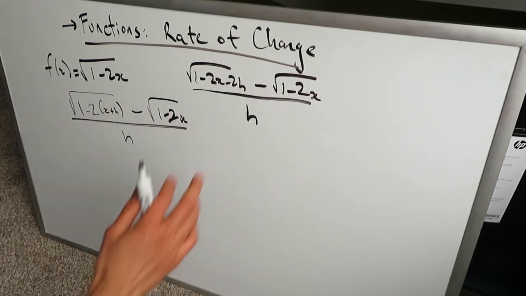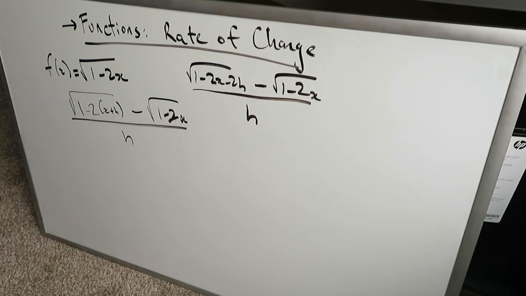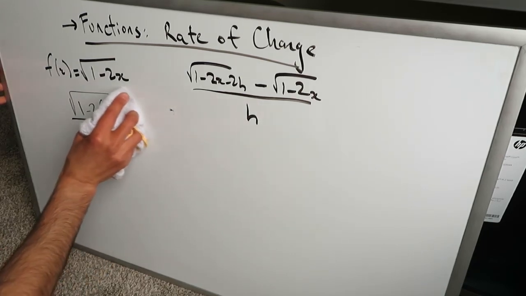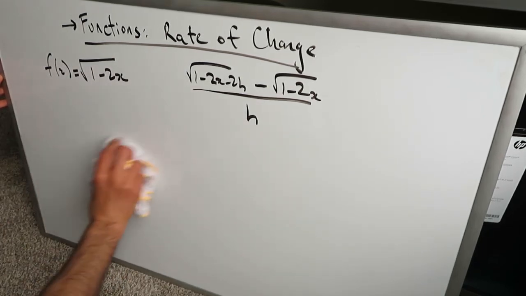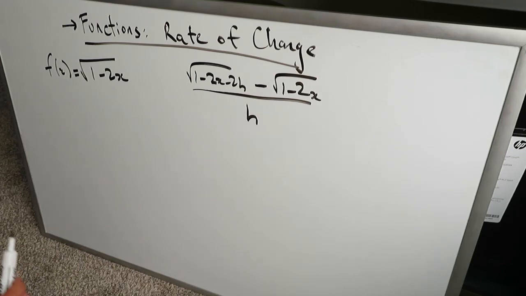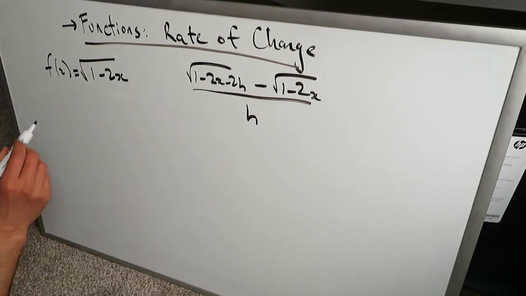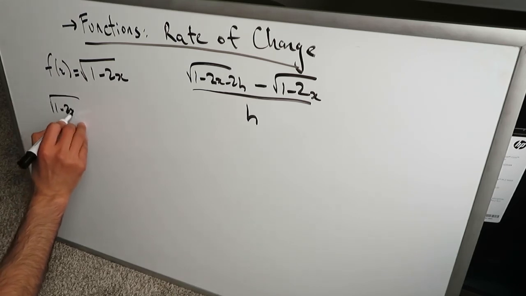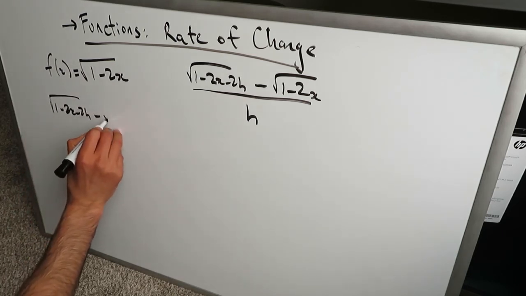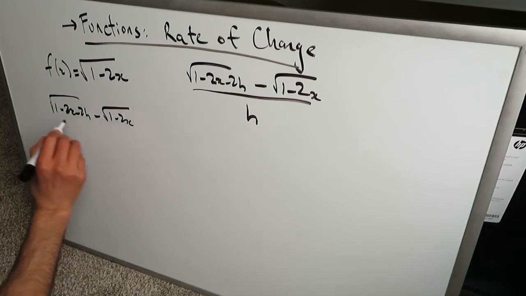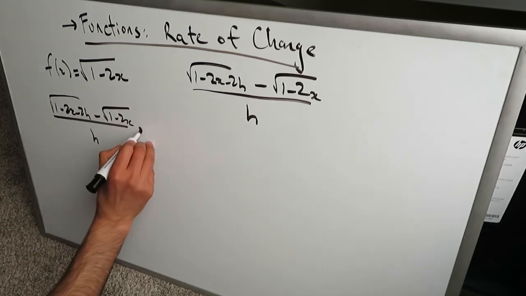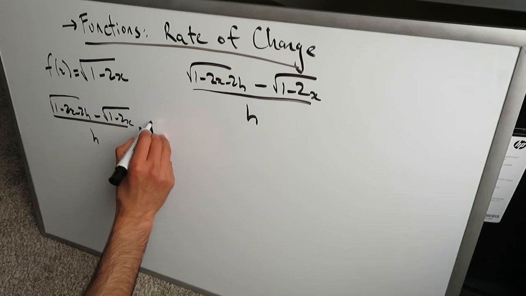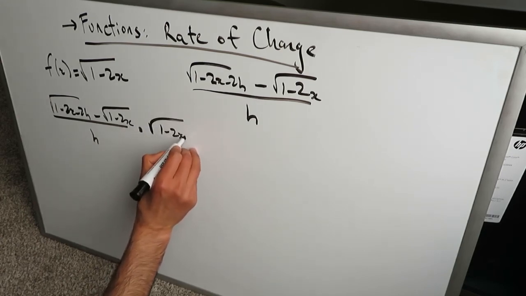We have to basically rationalize the numerator over here, because if we don't rationalize the numerator, we can never get to our final form. Let's erase this over here and start rationalizing this. We will rationalize the numerator here, not the denominator, in this form. I'm going to repeat what I've written here. 1 minus 2x minus 2h minus 1 minus 2x, this is all over h, multiplied by the rationalizing factor, 1 minus 2x minus 2h plus 1 minus 2x.